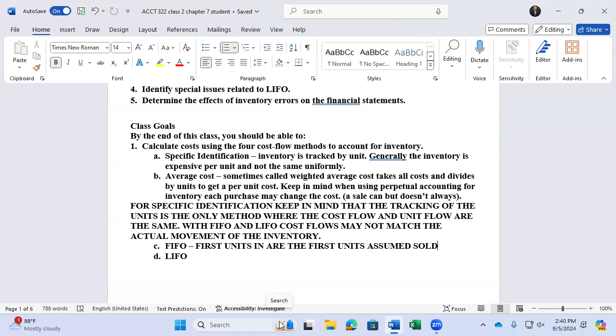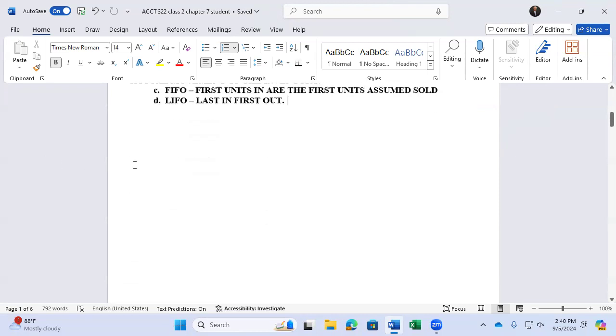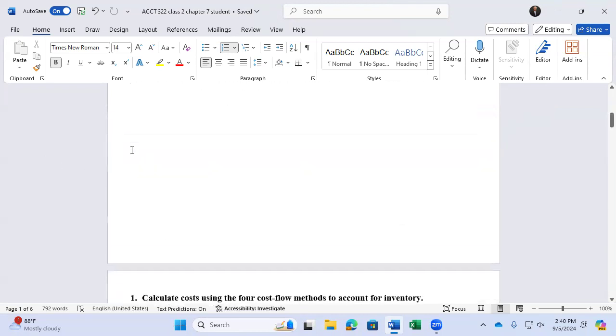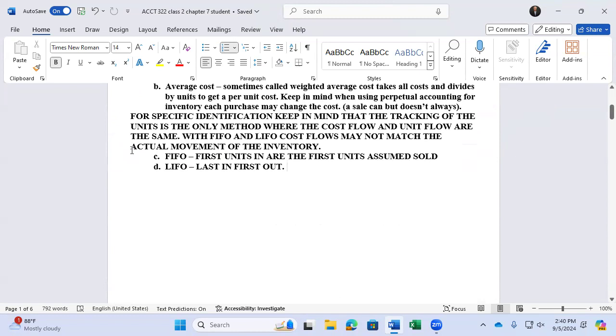But keep in mind with perpetual, we have to do multiple calculations. And again, our actual flow of inventory does not have to match our cost. Did I leave that up long enough?